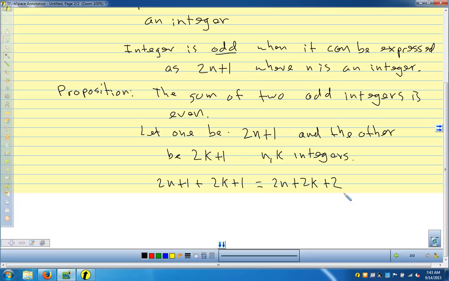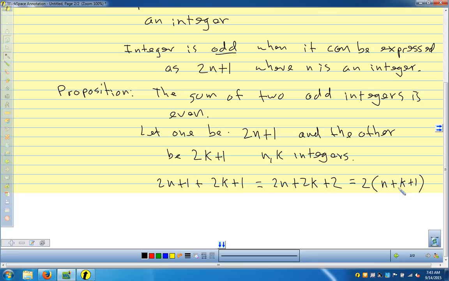And now what are we going to do to show that this is even? Factor out the 2. This is 2 times n plus k plus 1. N plus k plus 1 is an integer, right? Because when we add integers, we get integers.